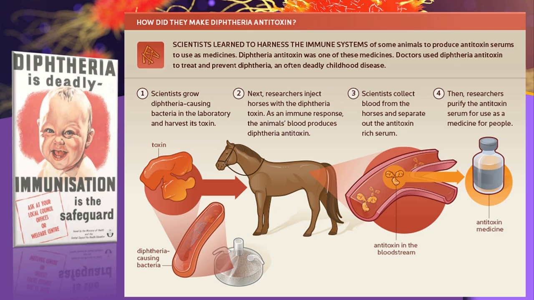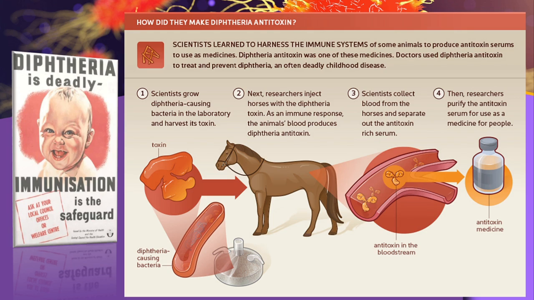The disease diphtheria is a fatal disease, but immunization or vaccination is available for safeguarding children against the infection of this bacterium. The process of vaccine development involves growing the Corynebacterium diphtheriae under laboratory conditions and harvesting the toxin.